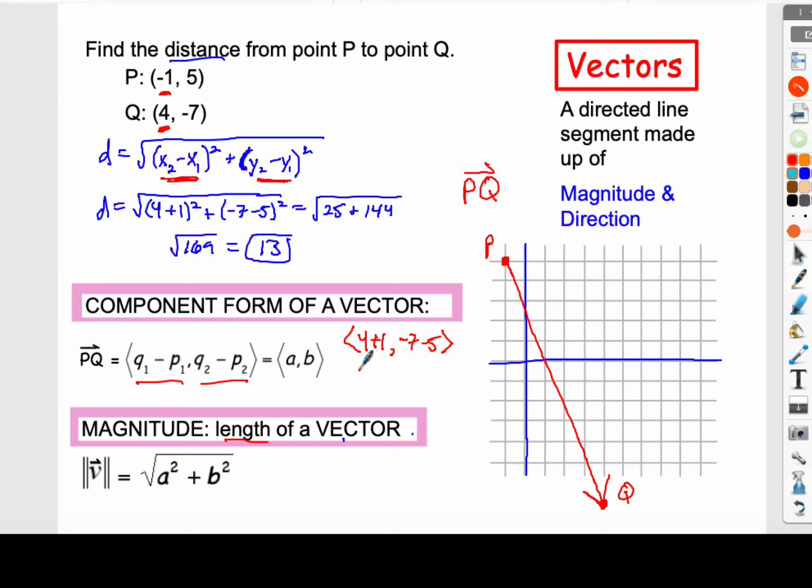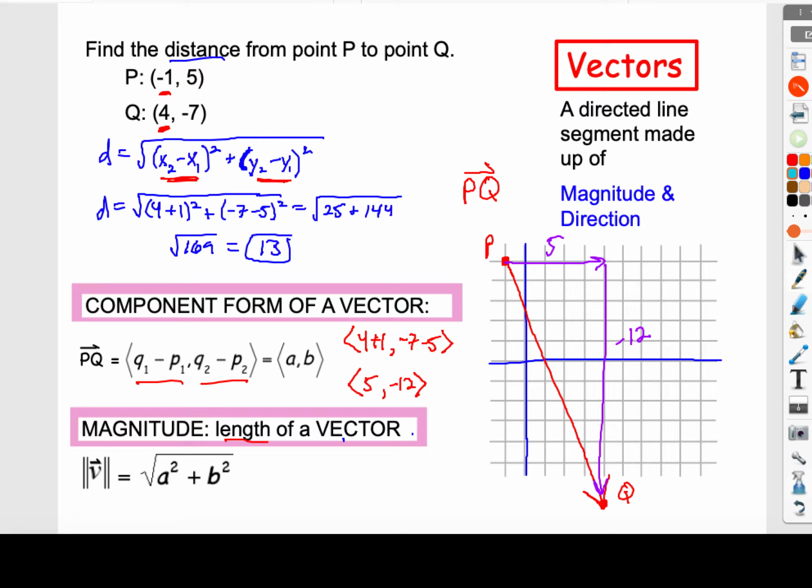It's a pointed bracket to say, well, 4 plus 1 is 5, and negative 7 minus 5 is negative 12. In order to get from P to Q, we traveled 5 units to the right, and we traveled down 12 units, right? So that's the horizontal component, 5 units, and the vertical component, negative 12 units.